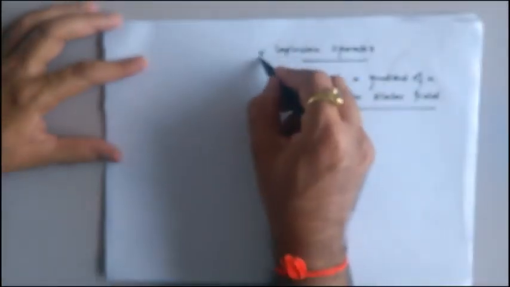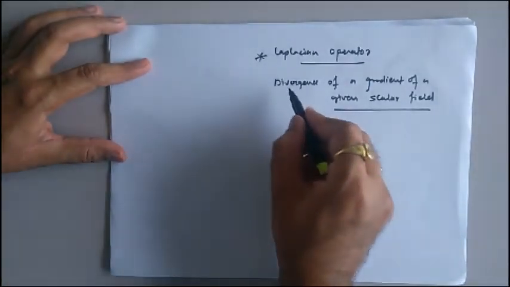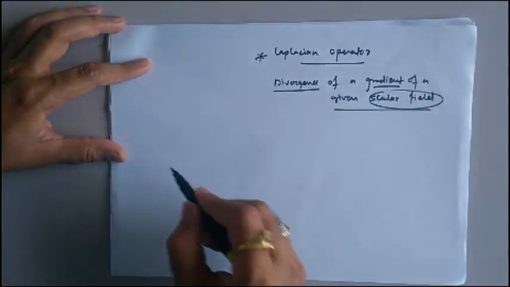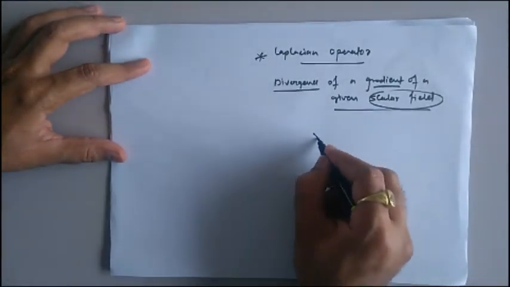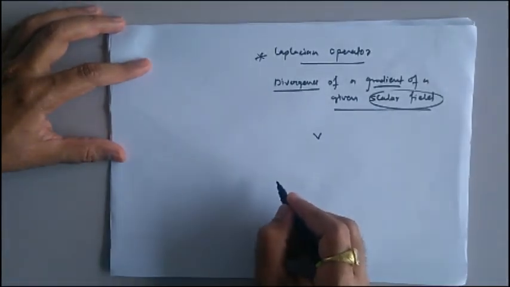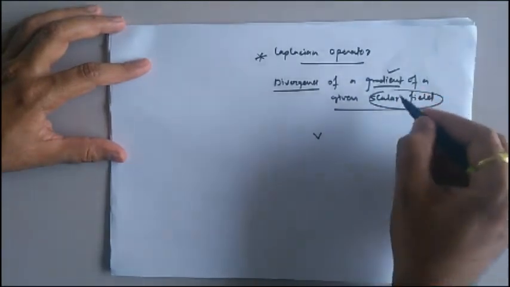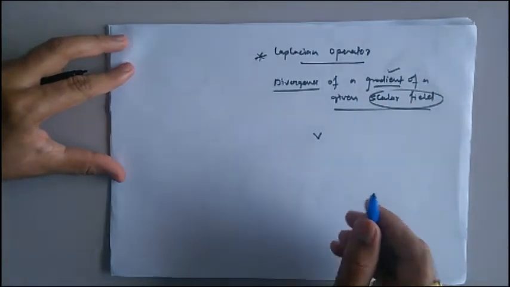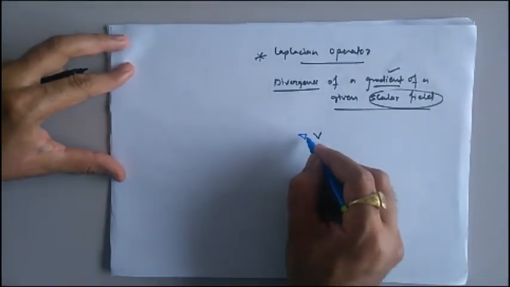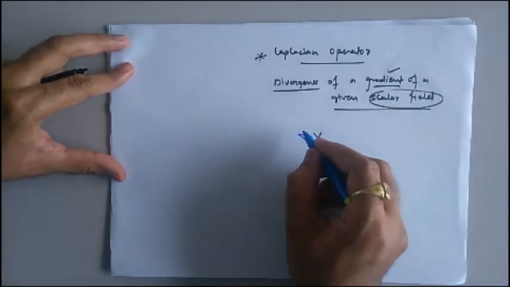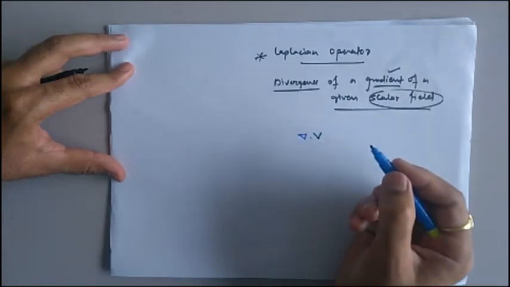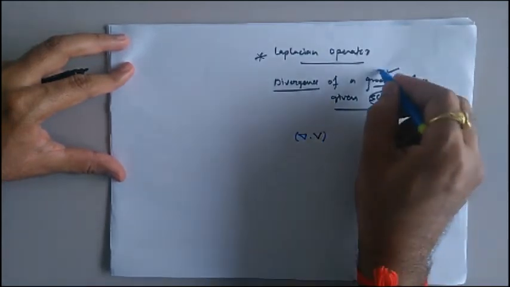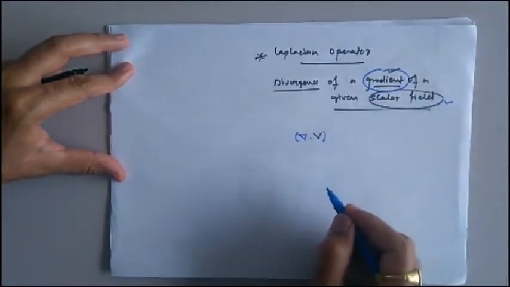So what is the Laplacian operator? It is nothing but the divergence of a gradient of a given scalar field. For example, if we have a scalar field indicated by symbol V, and you take the gradient of this scalar field, how do we indicate mathematically the gradient of this scalar field? We need to apply our vector space function del on this scalar field. So this expression indicates the gradient of a scalar field.